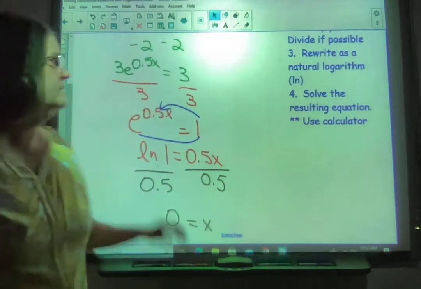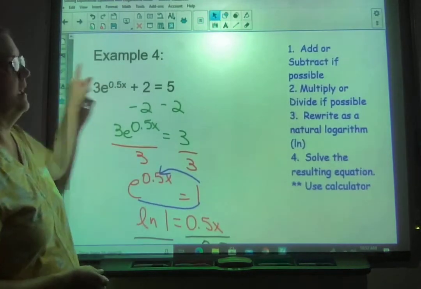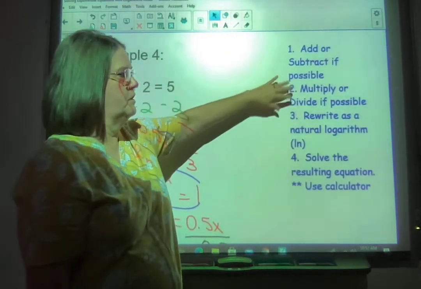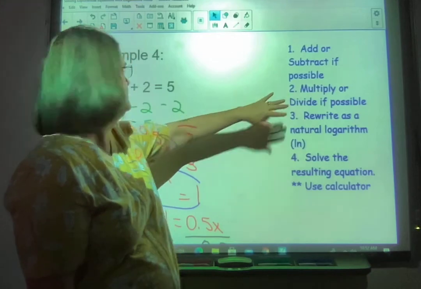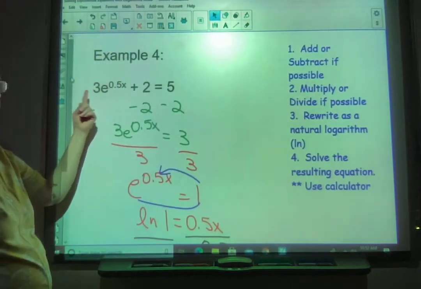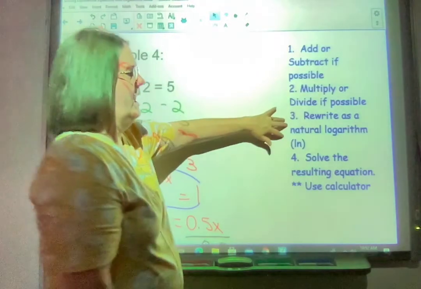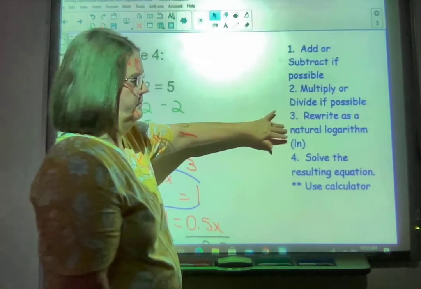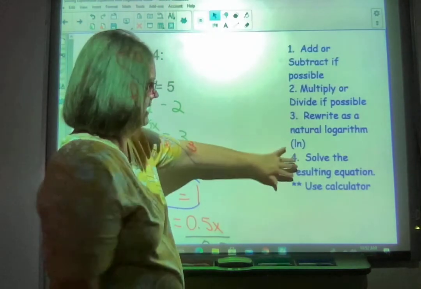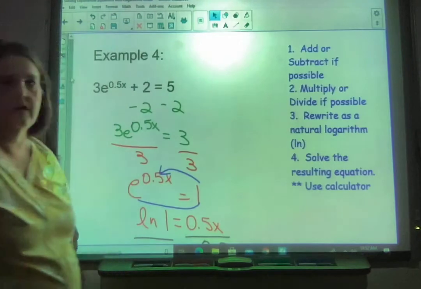But you do them all the same way. You add or subtract if it's possible to do so. You multiply or divide if it's possible to do so, and there will be a number in front of the base. That's how you'll know. Rewrite as a logarithm, whatever, this one's natural log, and then solve it by using your calculator.